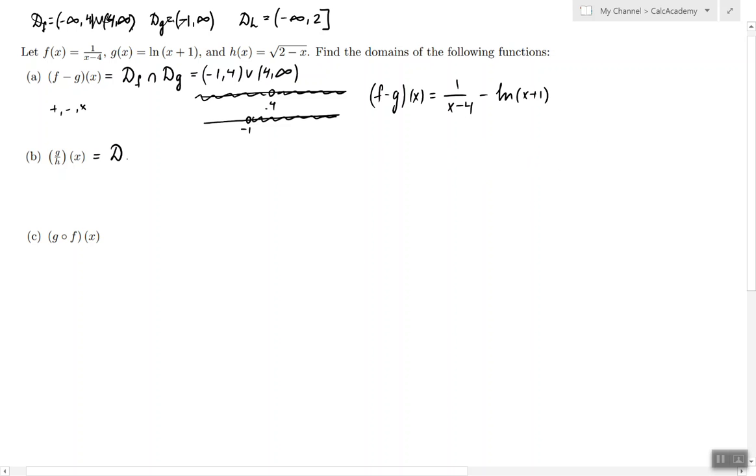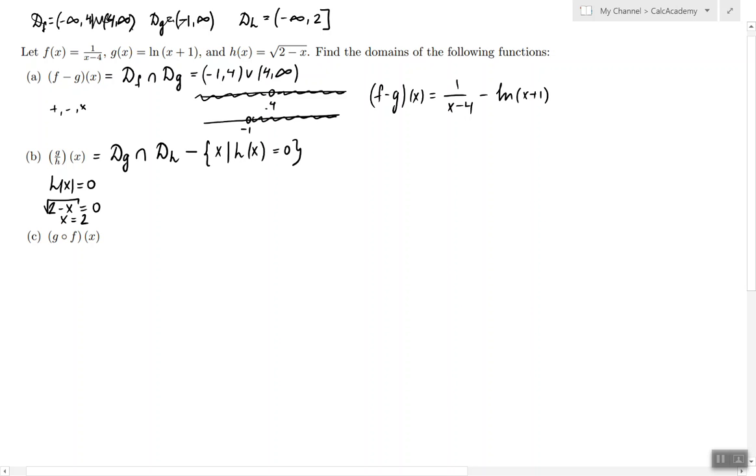We can do it analytically by finding the intersection of the domain of g and the domain of h, and then removing all the values of x which make h equal to 0. So first let's solve this equation. So when is h of x equal to 0? So the solution of this equation is x equals 2.